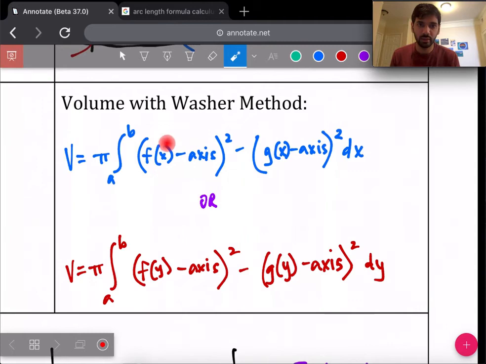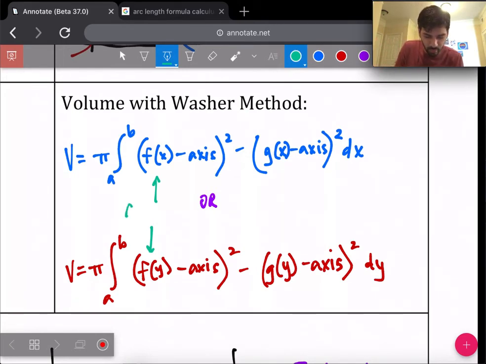The only thing you'll need to know is what the order is. f of x is always going to be further away from the axis because this is the larger radius. g of x is always going to be closer to the axis. So for both of these, f of x and f of y, I'm going to write that that's going to be further from the axis.